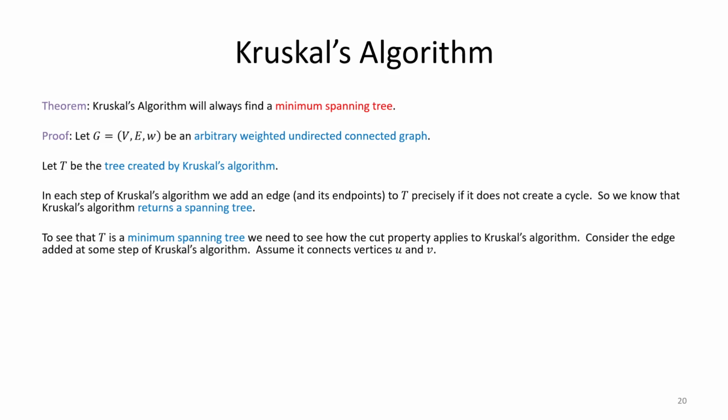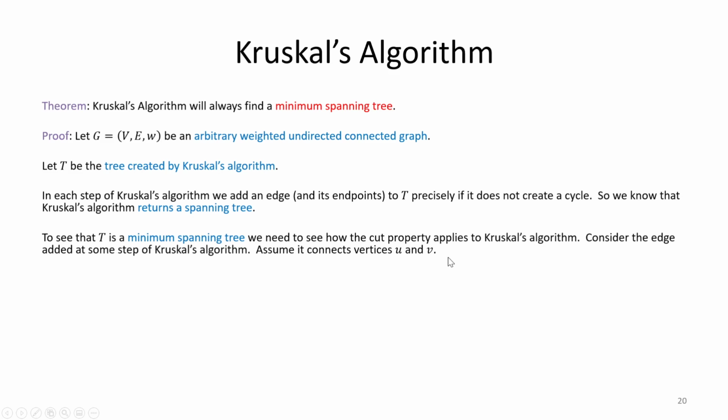So let's begin here. Say we're considering some step in Kruskal's algorithm where we're adding some edge. I'm not going to give it a name. Instead, I'm going to name the endpoints of that edge.